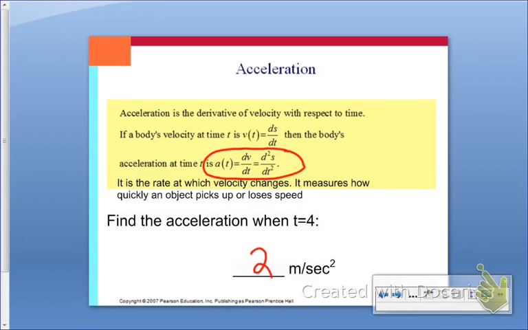I always think of second derivative goes with the 2 here. First derivative would be meters per second to the first. Second derivative, meters per second to the second. I just think that's an easy way for people to remember how to do the labeling on the problems. Questions?